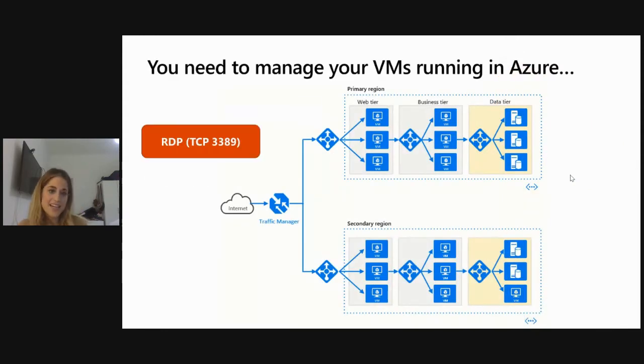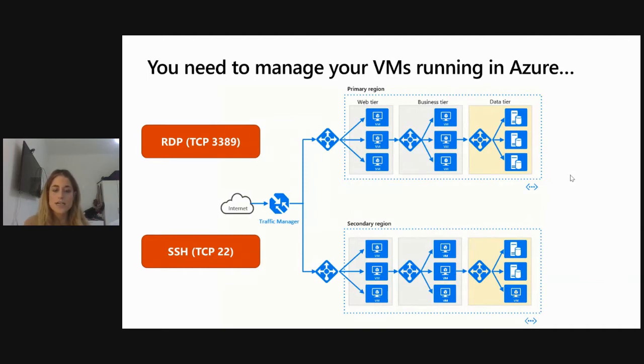When we think about a common deployment that you have in the cloud, you would have your regions, you would have some Windows machine that you need to have port 3389 open to be able to RDP, or port 22 open if it is Linux to be able to SSH to those machines.